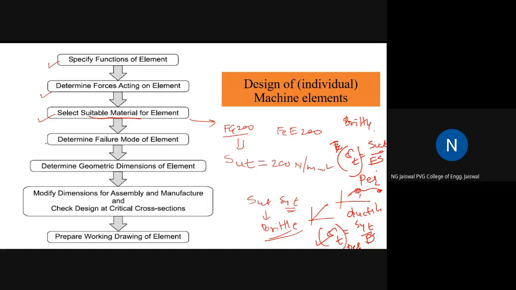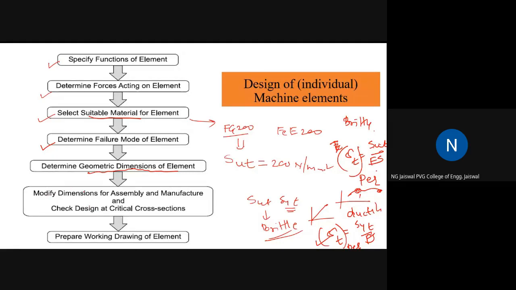Then you determine the failure mode. Failure mode means anticipation. Just like we did, we anticipated that the pin can fail under shear. We anticipated that the pin can fail under bending. These are all failure modes. So determine the failure modes. Then write down the equations, and from those equations you will find something unknown, and those unknowns are nothing but your geometric dimensions of elements, right?